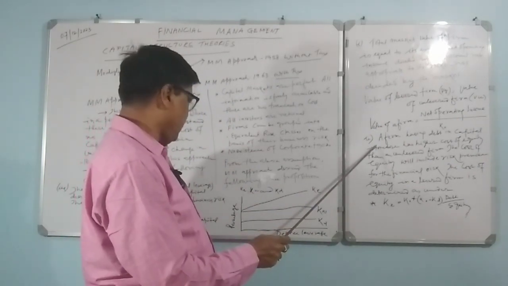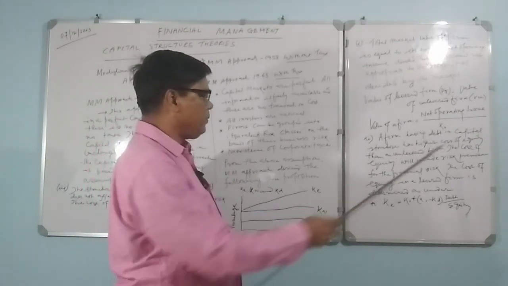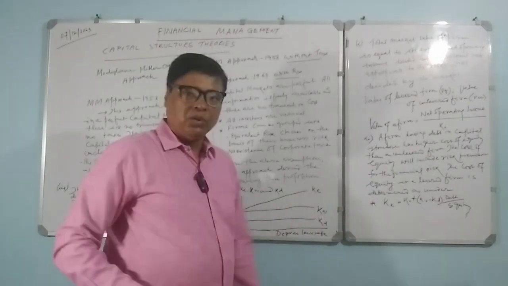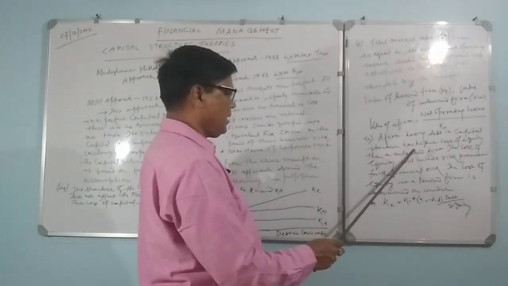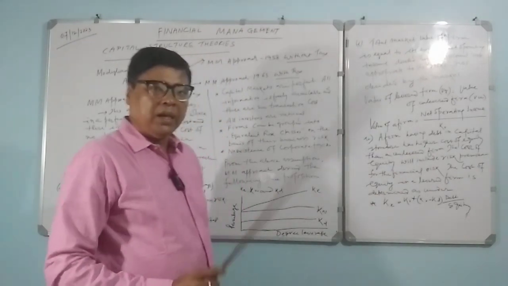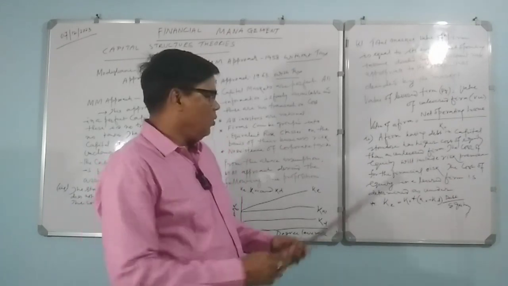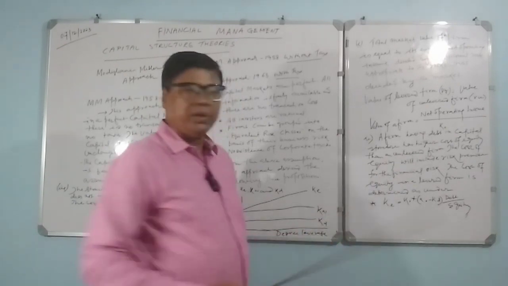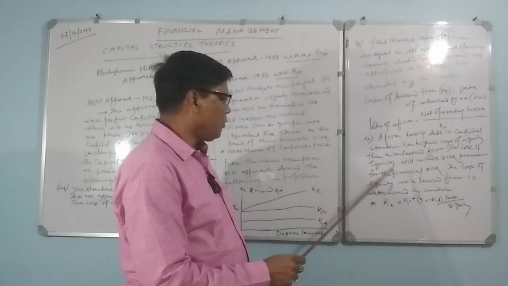The second proposition: a firm having debt in its capital structure has a higher cost of equity than an unlevered firm. This is another very important point. In an unlevered firm there is no debt capital, so when there is debt in the capital structure, the cost of equity capital will be higher.